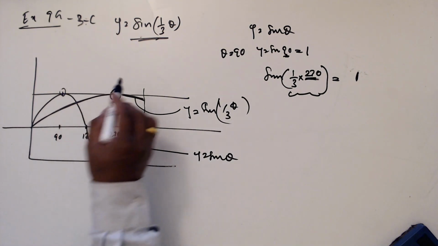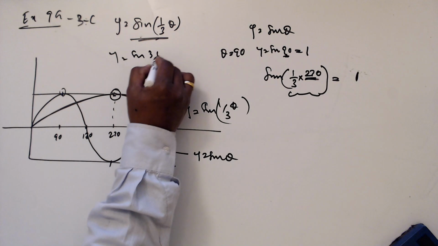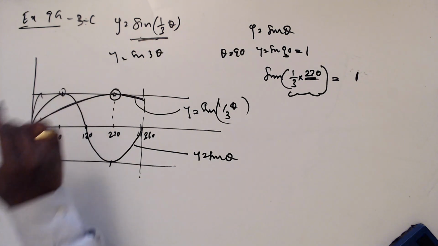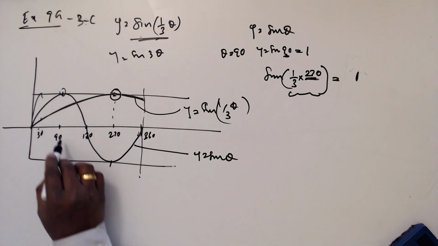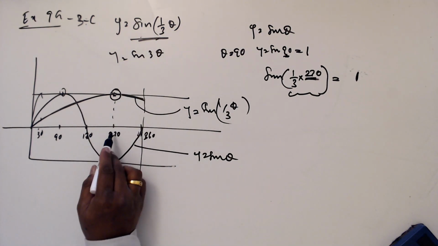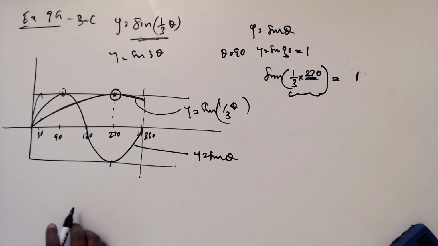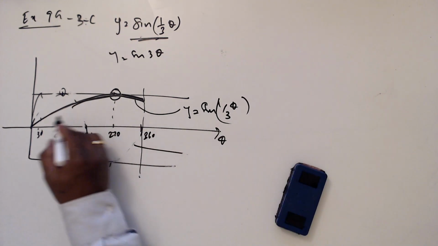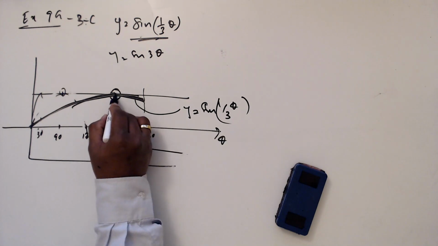In y equals sine theta, this 90 occurs at 90, but in sine of 1/3 theta it occurs at 270, this one. This is theta, and this is what the graph is going to be.